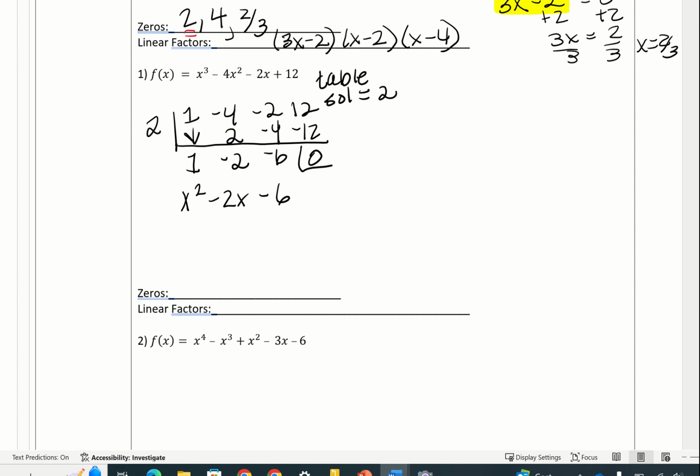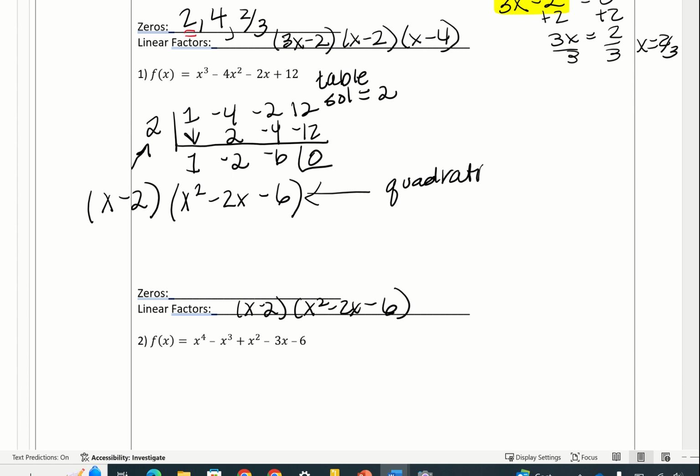If it had more zeros, I would do a second synthetic division, but it doesn't have any more zeros in the tables, so I'm kind of stuck with this as my last factor, and my original factor would be x minus 2, because remember, we divided by 2, so these are my factors I'm going to put down here. But I am going to have to do the quadratic because this won't factor. So I have to do the quadratic. I'm kind of stuck, which is fine. We all know how to do that.